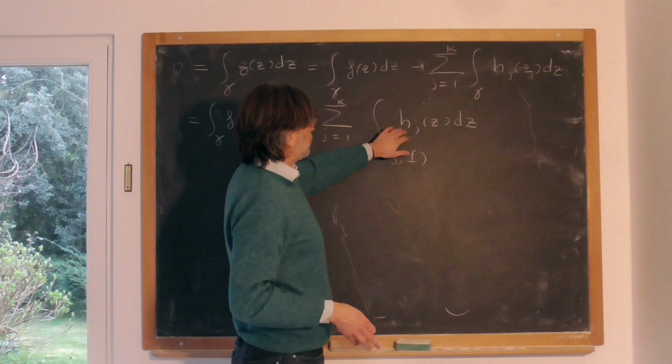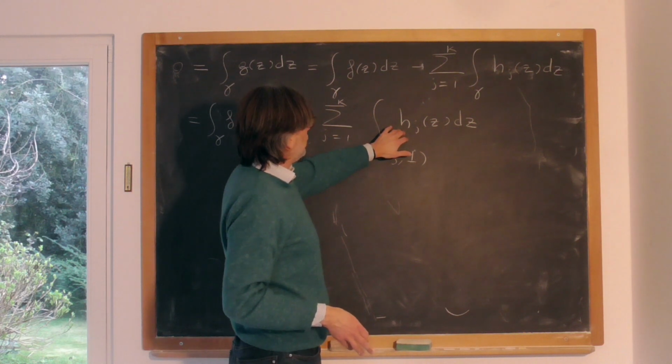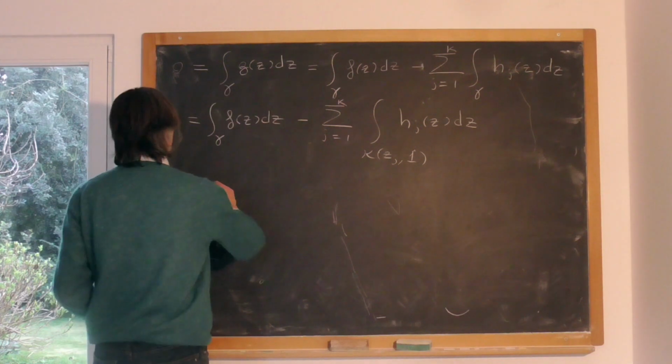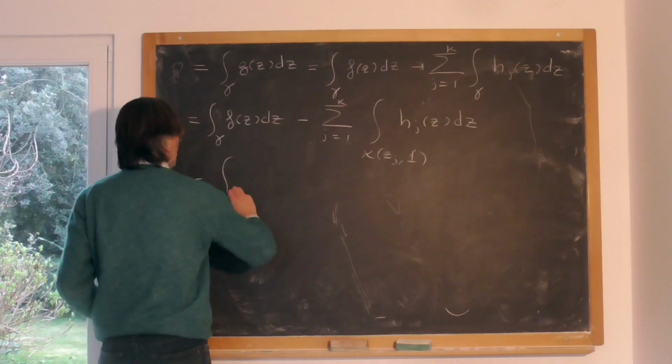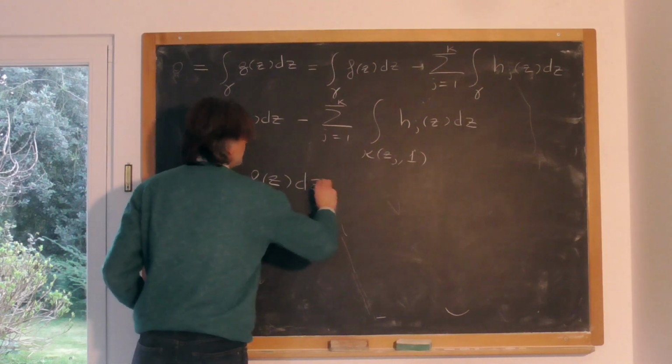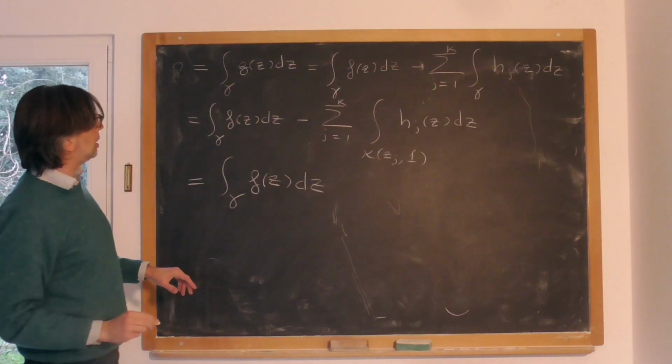But this integral we know its value. This was the principal part of our function at Zj, in the Laurent series expansion.